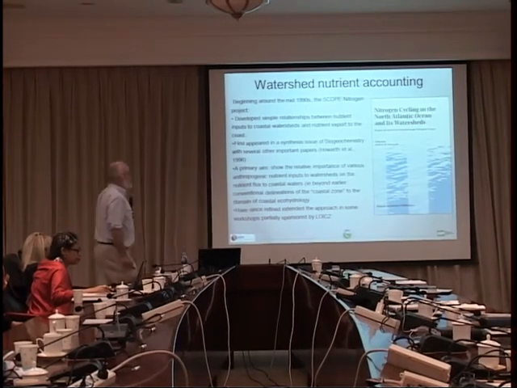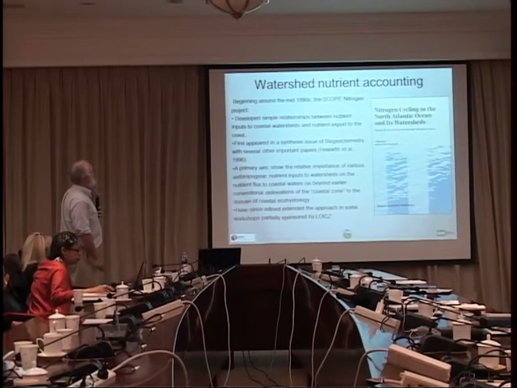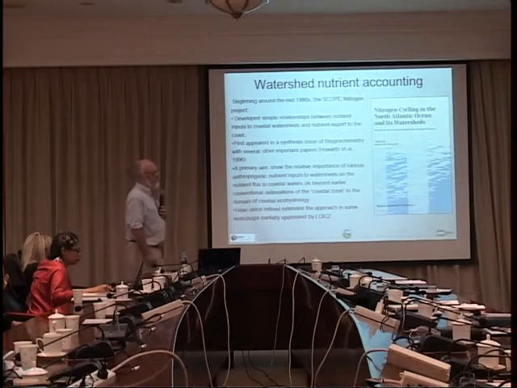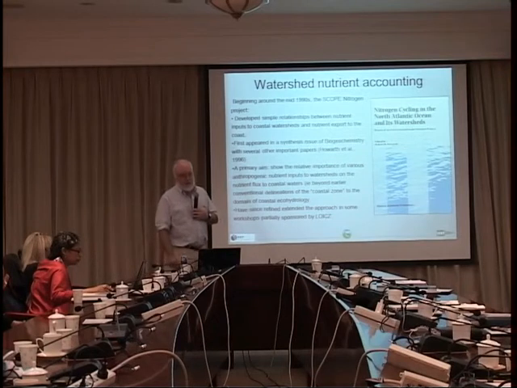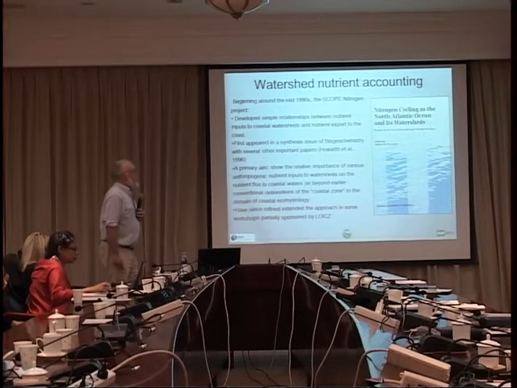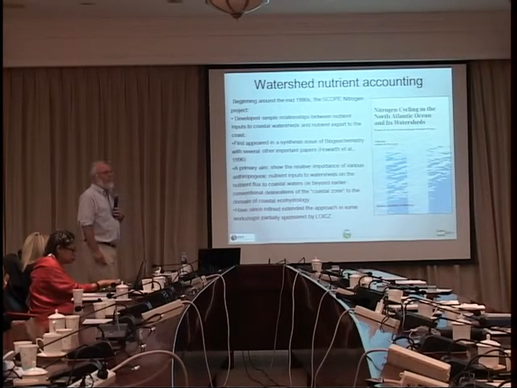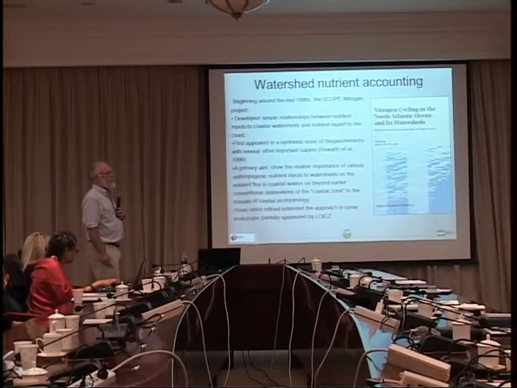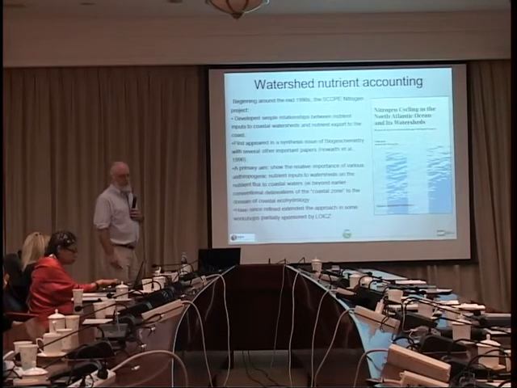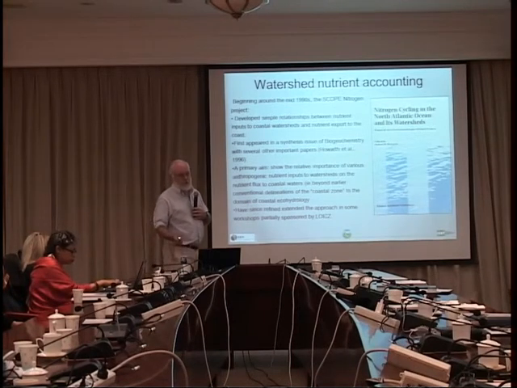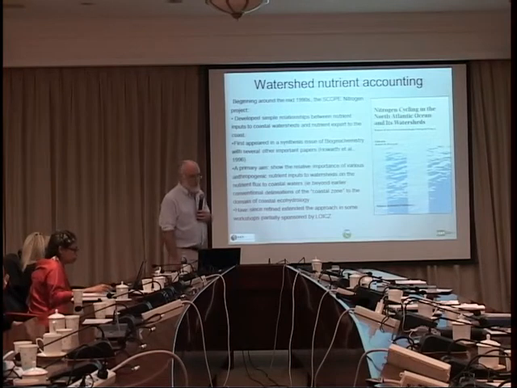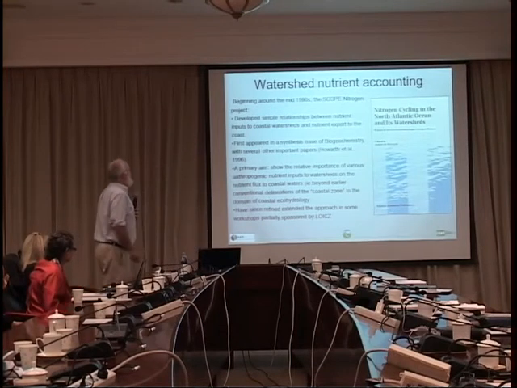Switching gears a little bit from IPAT, I'll talk a little bit now about something that I spend a lot of my time on, watershed nutrient accounting. And this is the methodology that, at least so far, we've used to look at spatial variation across watersheds in nitrogen fluxes.